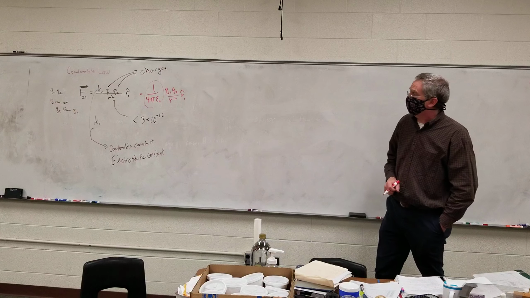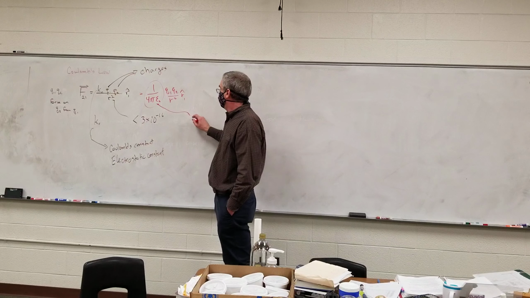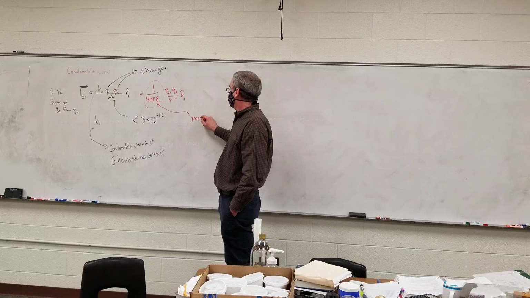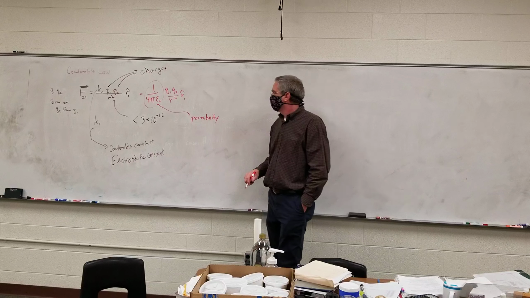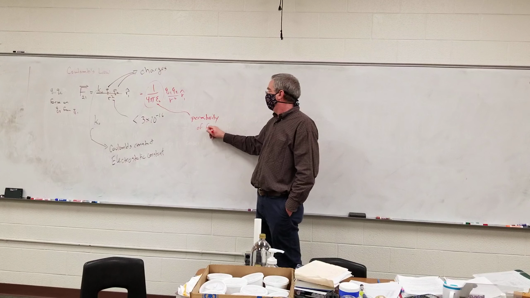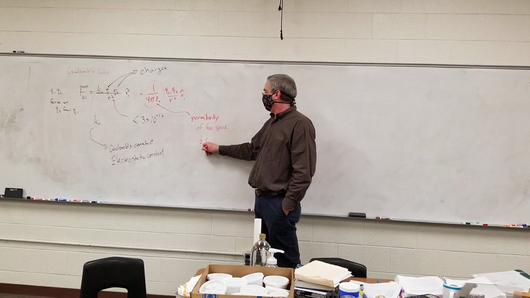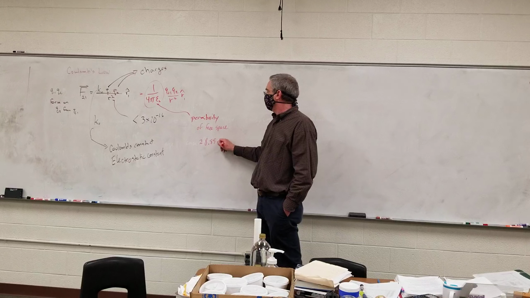And that is a 4 pi on the bottom. And then this epsilon sub 0, this is known as the permittivity of free space. It's approximately equal to 8.85 times 10 to the negative 12.